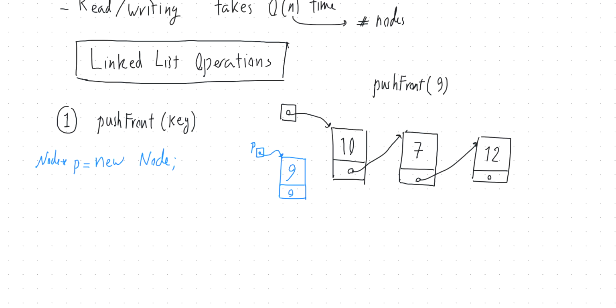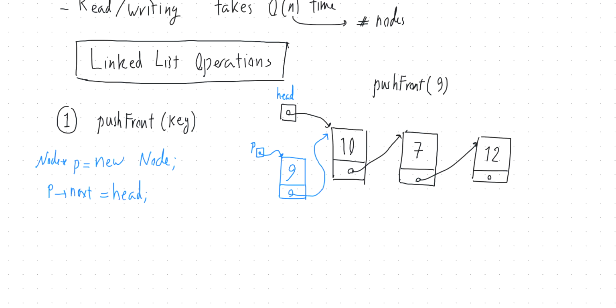That's easy to find out because we have this head pointer that contains the address of the first node. So I assign head to P arrow next. Head is the address of the first node, and I'm assigning it to P arrow next, which means that next is now pointing to what used to be the first node.